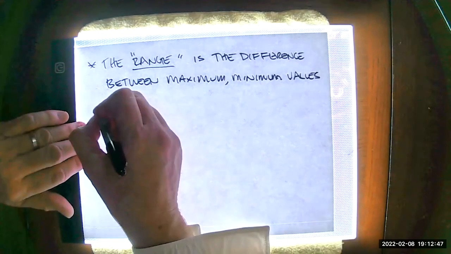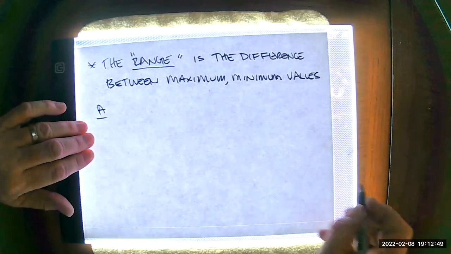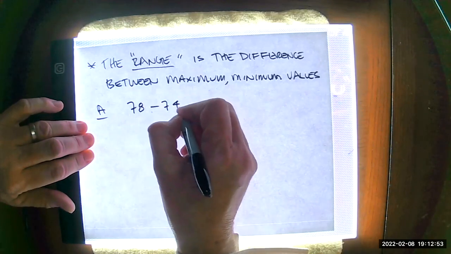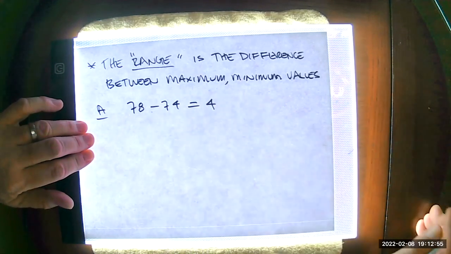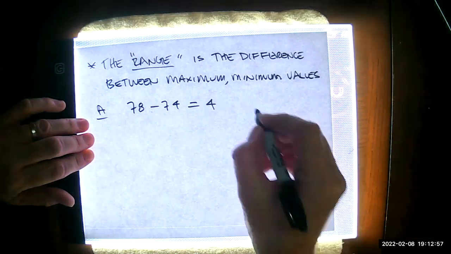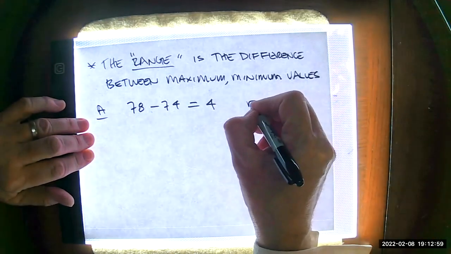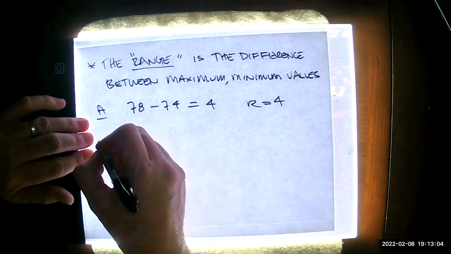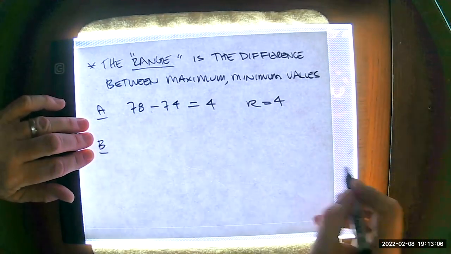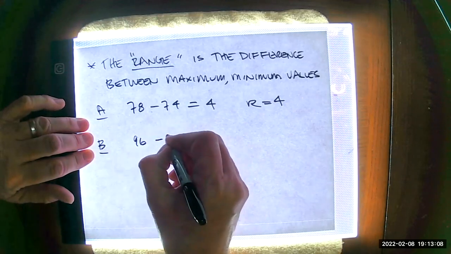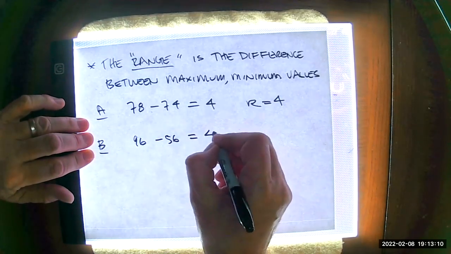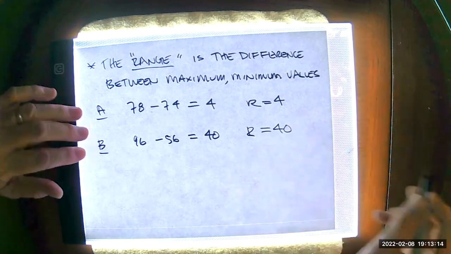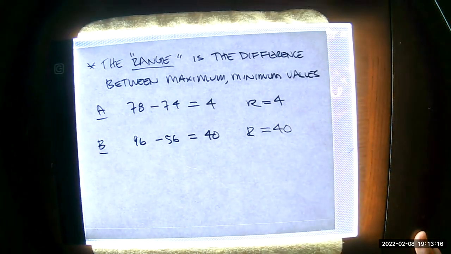For class A, in that previous example, the high was 78, the low was 74. We had a range of 4. So I'll use the letter R for range, so R equals 4. For class B, we had 96 minus 56, or 40. So the range there was 40.